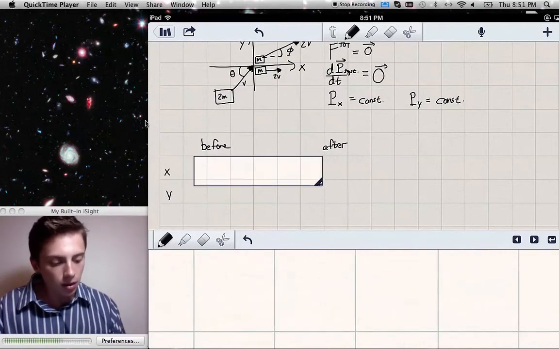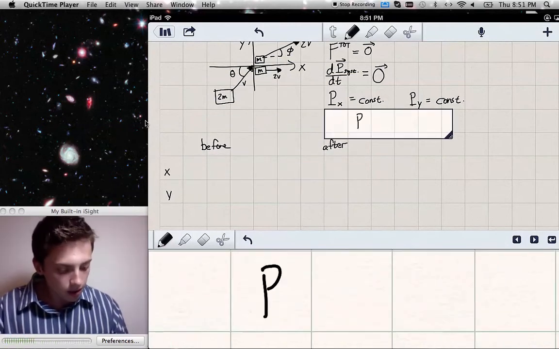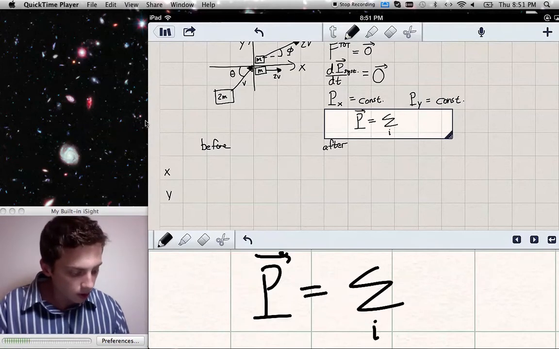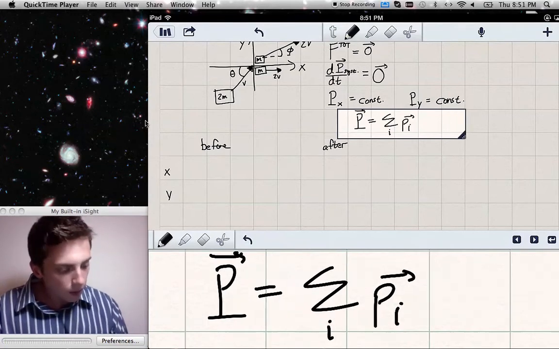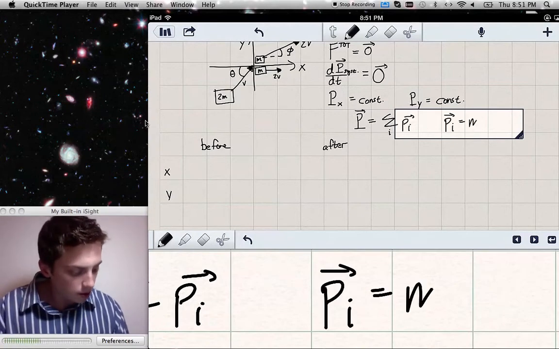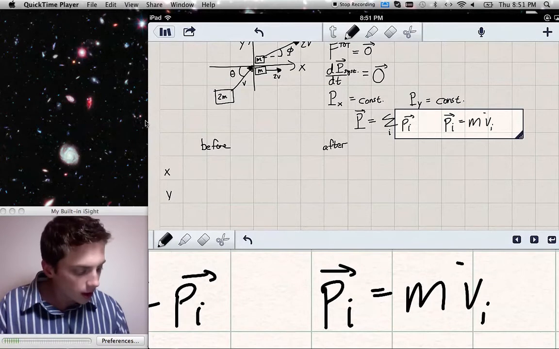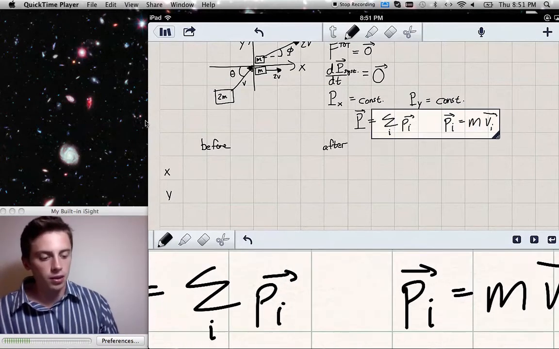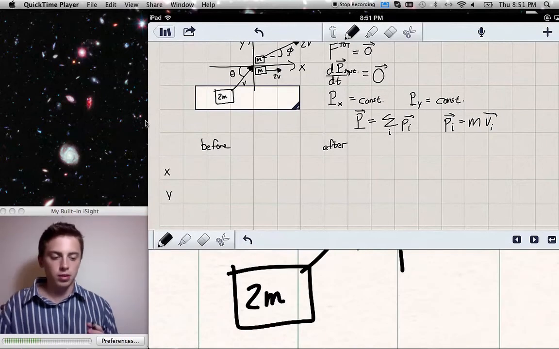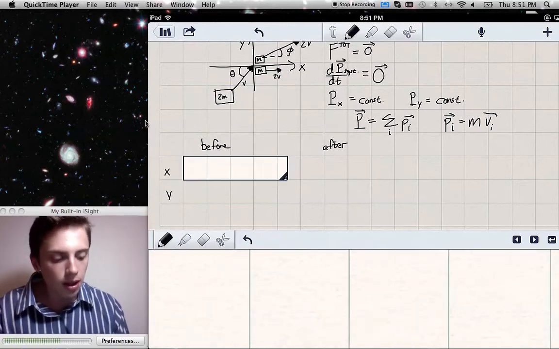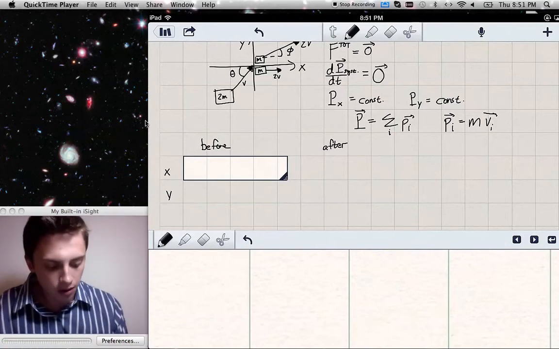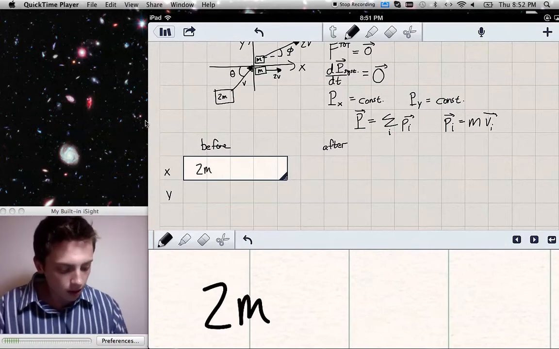Remember that the total momentum is just the sum of the individual momenta of each particle, where each particle has a momentum of m times v. The i subscript means for the ith particle. So before, we have one particle before the explosion. It has a mass of 2m and a velocity of v, and we need the x component. So it's 2mv cosine theta.